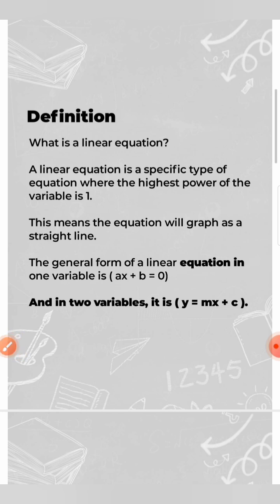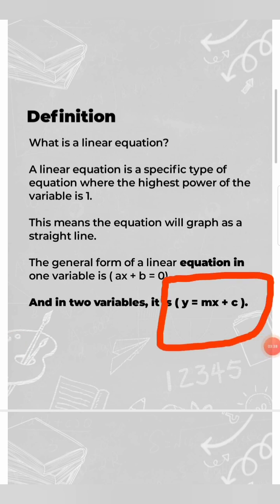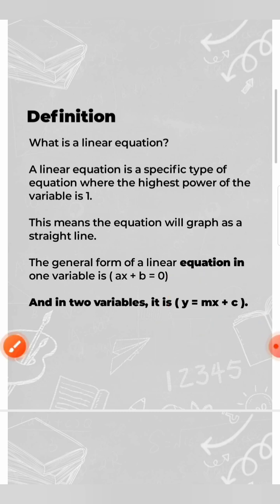In two variables, we have y as one variable and x as another variable. This is applicable when it comes to plotting the graph, knowing the intersection of the graph, and also calculating the slope of the graph.